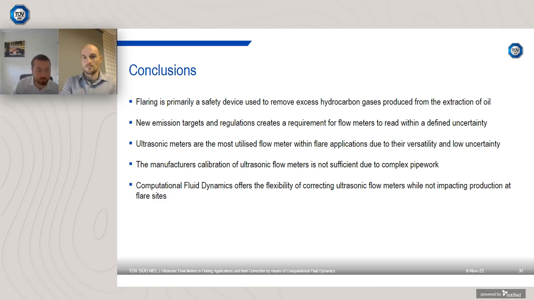But obviously with stricter regulations coming in, there's a real focus from operators to make sure that the flow meter is as accurate as possible, because if not, they could possibly be fined, or in some cases they could be sanctioned, which is obviously not what the operator's looking for. So I think manufacturers will probably look to replace the current setup with meters that have multiple paths, so maybe 4 paths, 8 paths, or they'll look to calibrate the meters correctly using tools such as CFD.